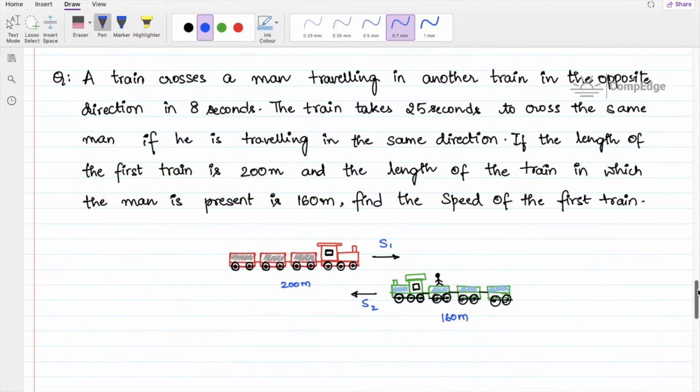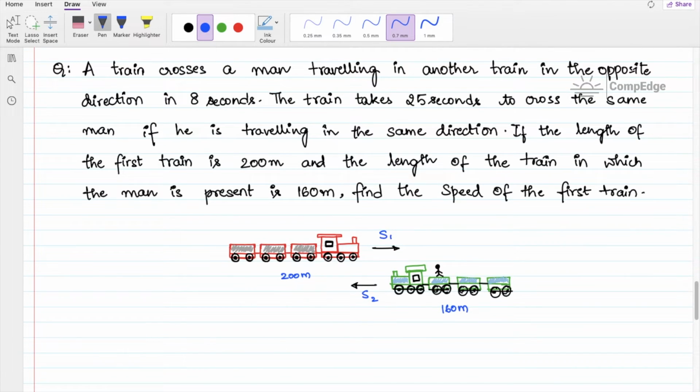Let us read the problem here. A train crosses a man traveling in another train in the opposite direction in 8 seconds. So in this case, the time taken to cross is nothing but 8 seconds. The train takes 25 seconds to cross the same man if he is traveling in the same direction.